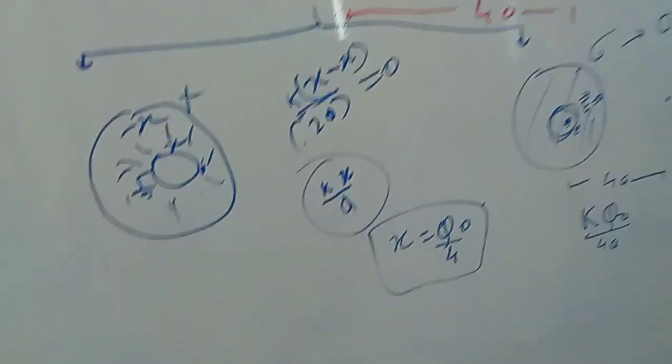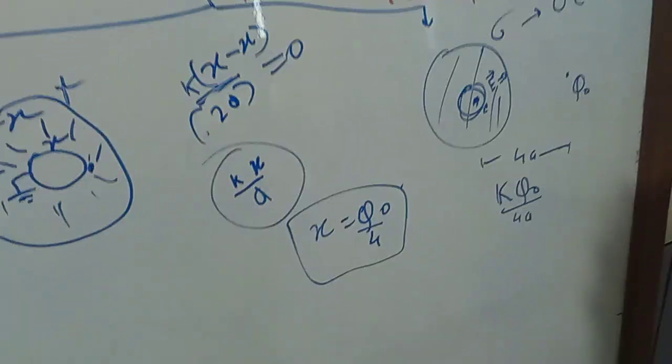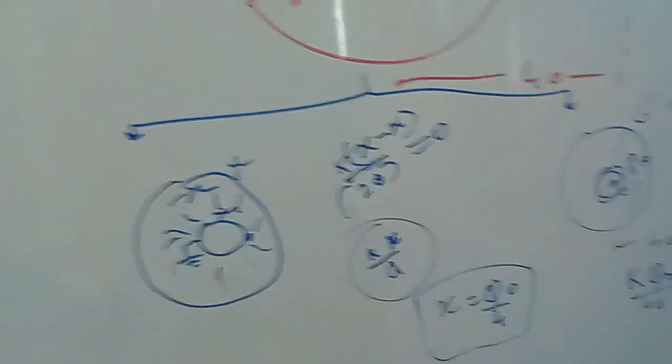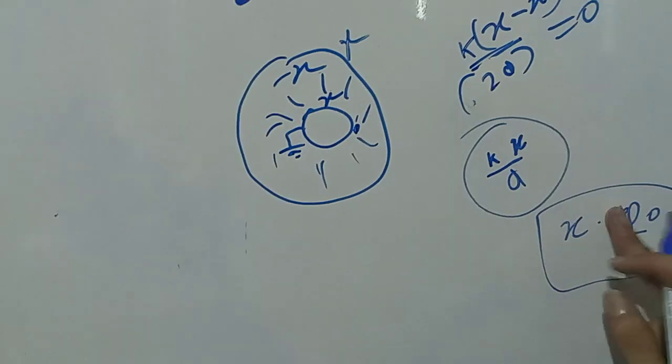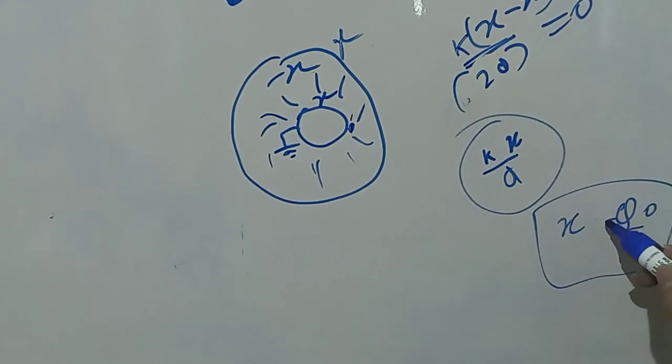Oh, I mean, the minus sign was obvious because we want 0, not 2kq naught by 4. Alright, this is our answer to part 1, but part 2 is even harder.